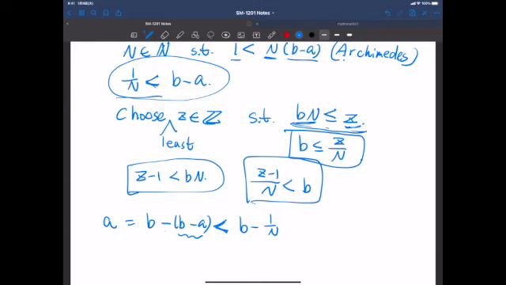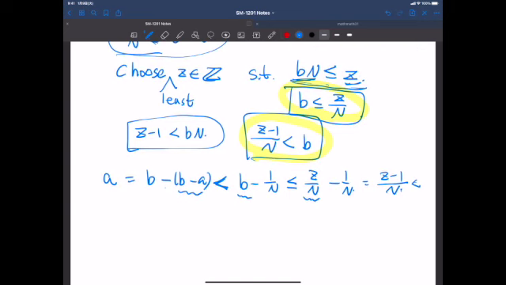And because of this, b is less than or equal to z over n, we have this is less than or equal to z over n minus 1 over n. Right, so this part corresponds to this part. And we have (z minus 1) over n, but now we have this inequality, so that is less than b.